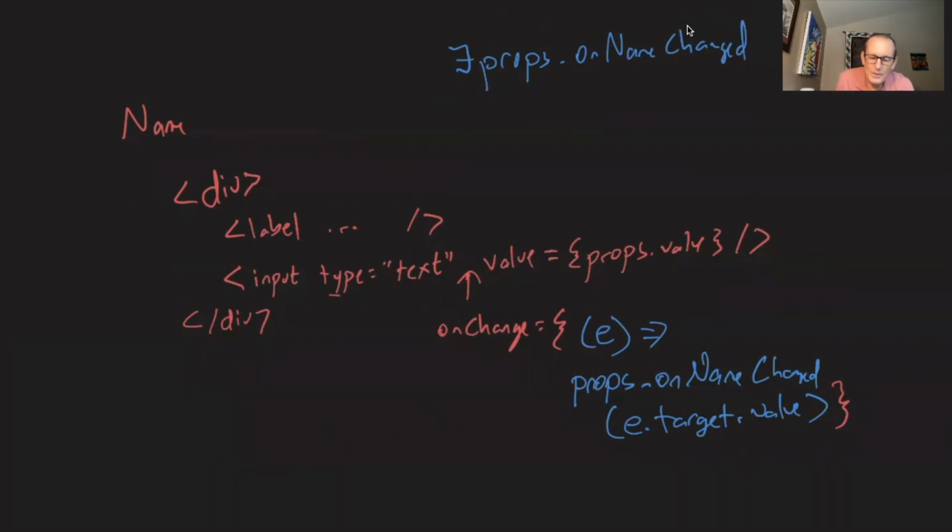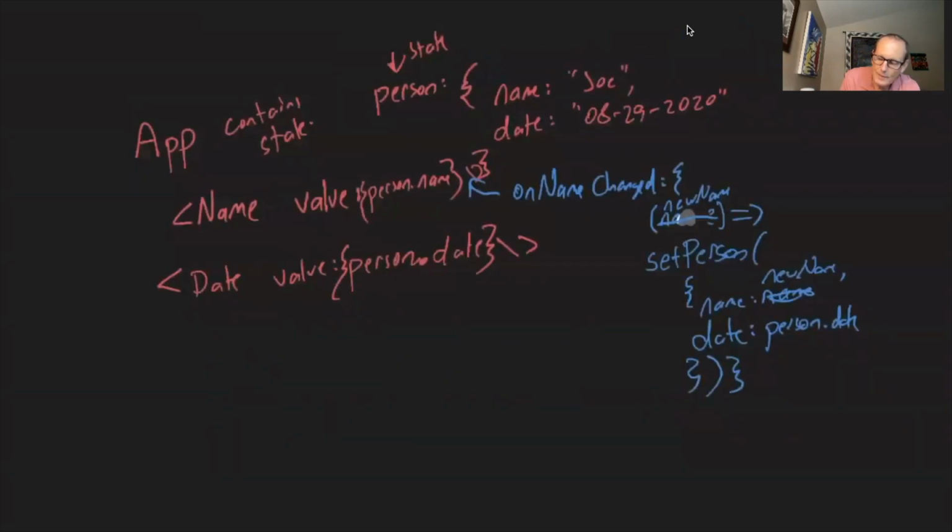A couple things we should look at here. Okay, one, this right here, where we're creating this new object, works, but imagine if we had, instead of 2 fields, 10 fields. We'd be repeating 9 of them just to replace the name.